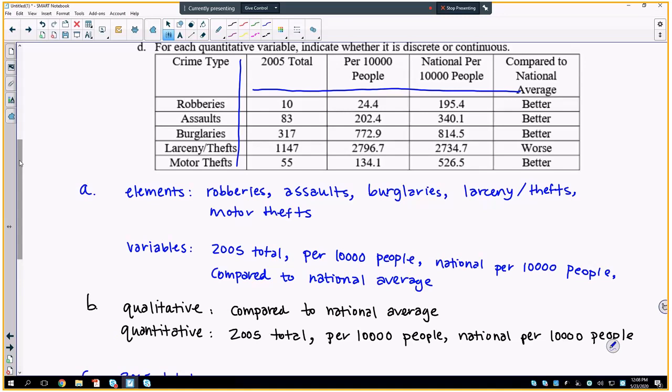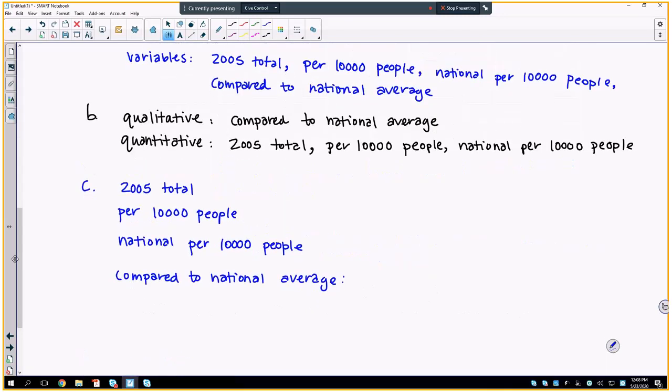So I could say there are 73 more assaults than robberies in 2005 by taking 83 and subtracting 10. So it seems like it should at least be interval data. But I could also compare 83 divided by 10. There are 8.3 assaults for every robbery. So that's division, and so that should be ratio data.